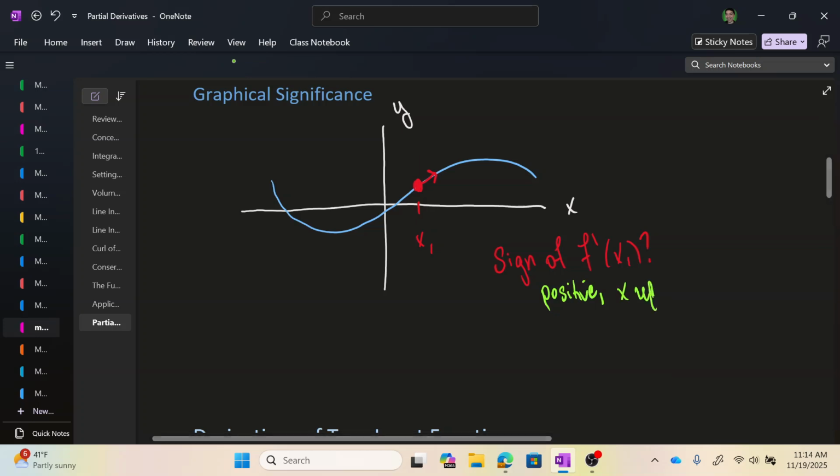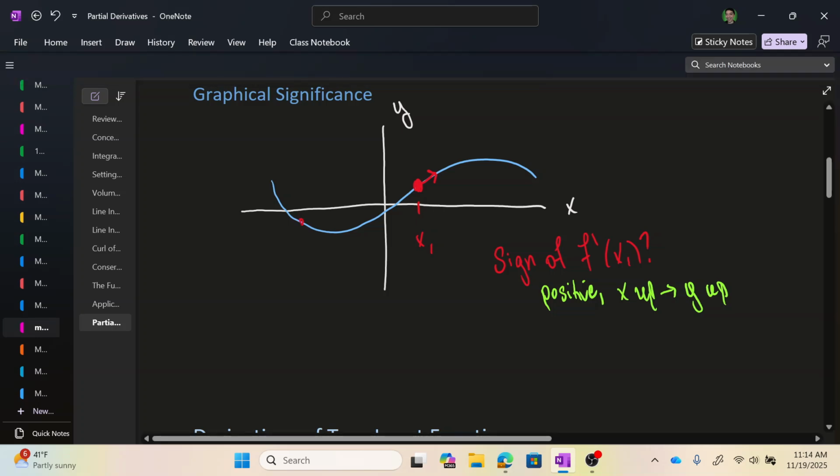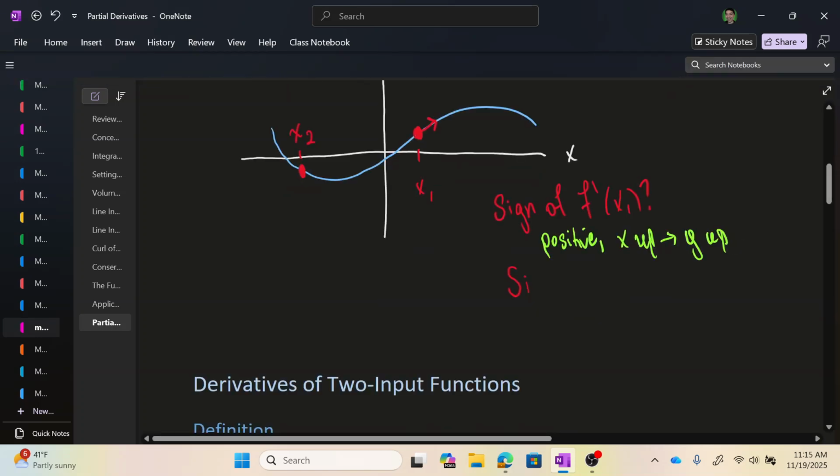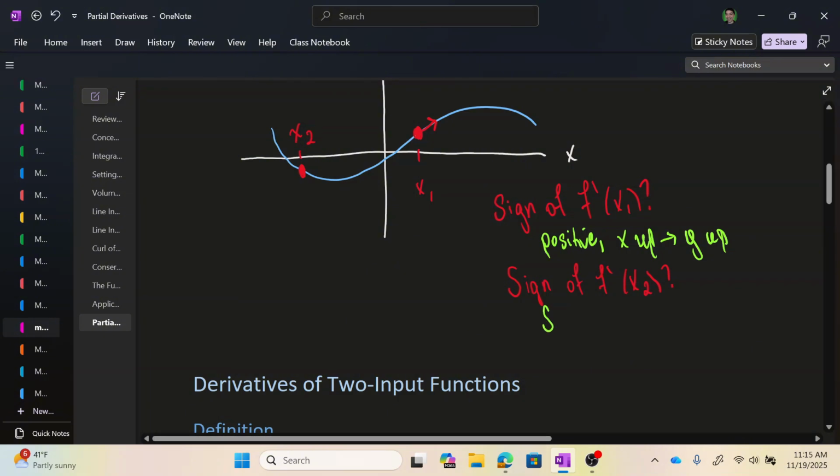X up results in the y values going up. If I mark a different point on this graph, the derivative can have different behavior. In this case, if we ask what is the sign of f prime at x2, my answer would be that the sign of the derivative is negative.